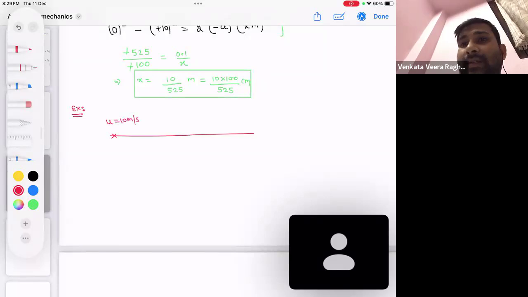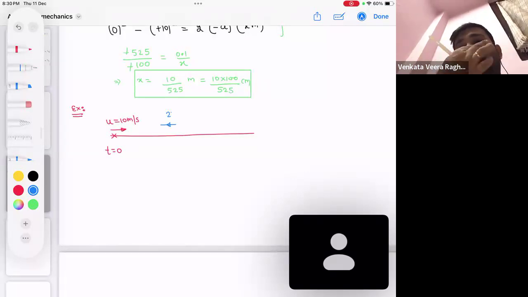Its velocity is in this direction. This is the situation at t equal to 0. But it has a retardation of 2 meter per second square. Why am I calling it a retardation? Because this acceleration is in the opposite direction of the velocity.